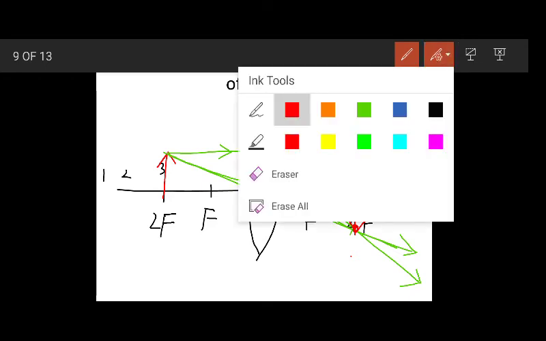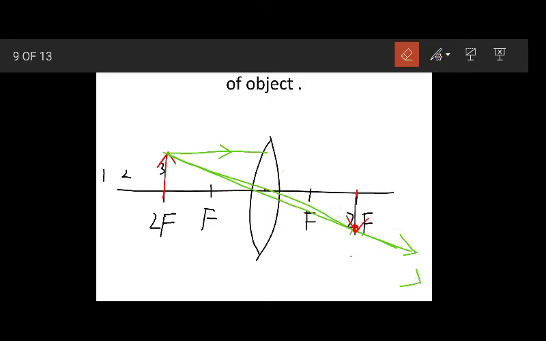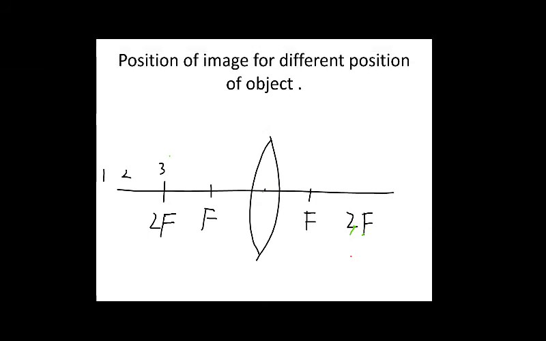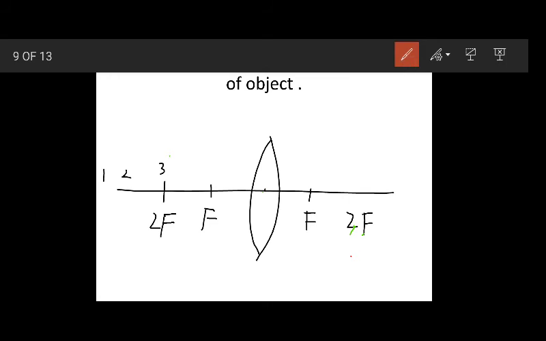Now we will continue. 4, 5, 6, 6, 5, 4, 3, 2, 1.